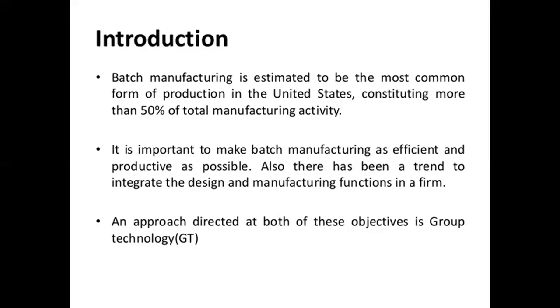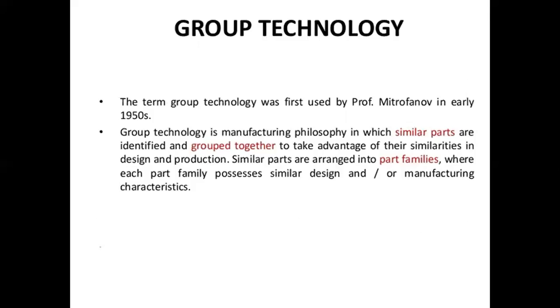An approach directed to these objectives, to make batch manufacturing very efficient and productive, is what we call group technology, famously also called GT. We will see how it is done.